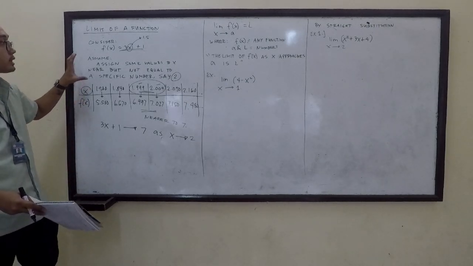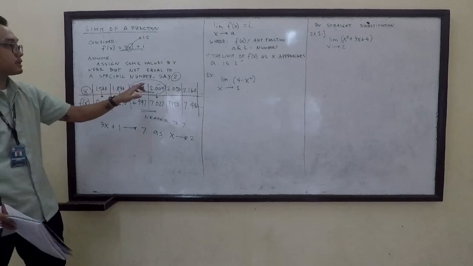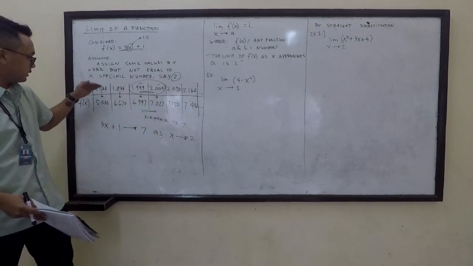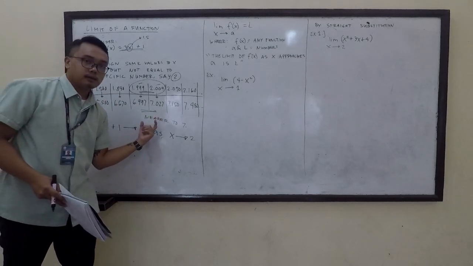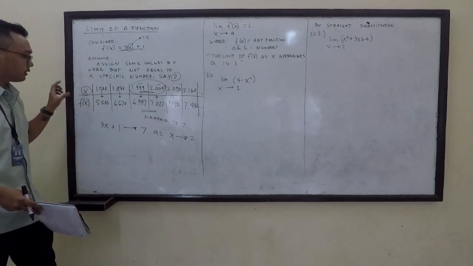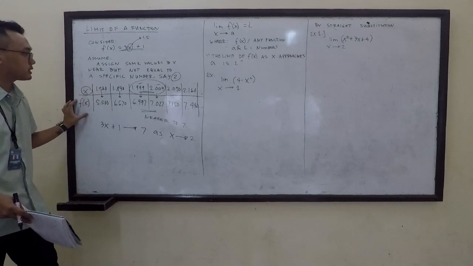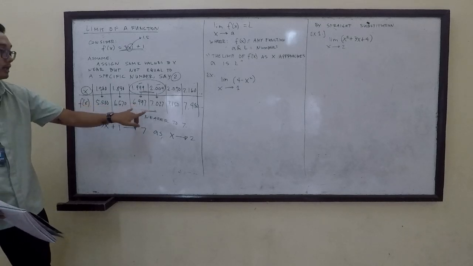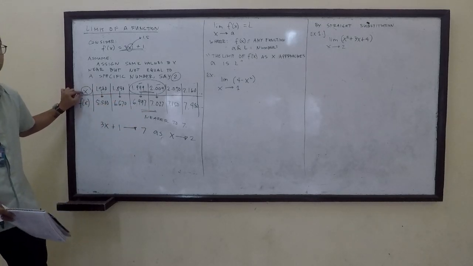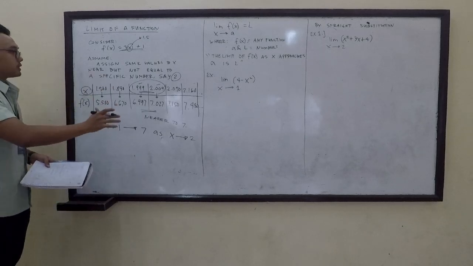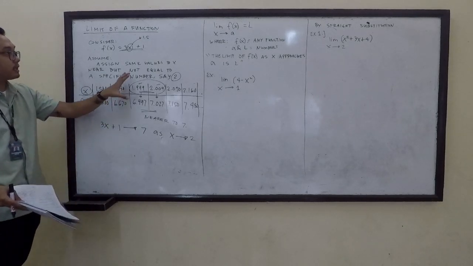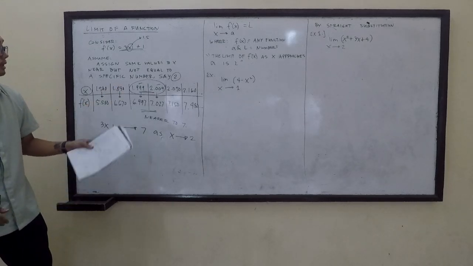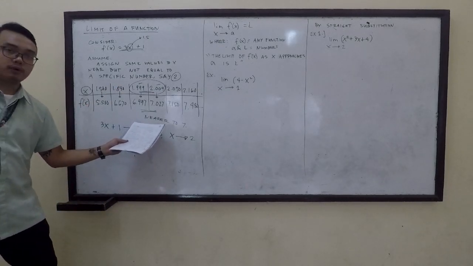Actually, we can try this at home. You can change it, for example, to 4: near 4 but not really equal to 4. Then we check the values of f of x when we input those. Obviously, you will get different values. So the concept is easy to understand: it is not equal, but somewhat an approximation.